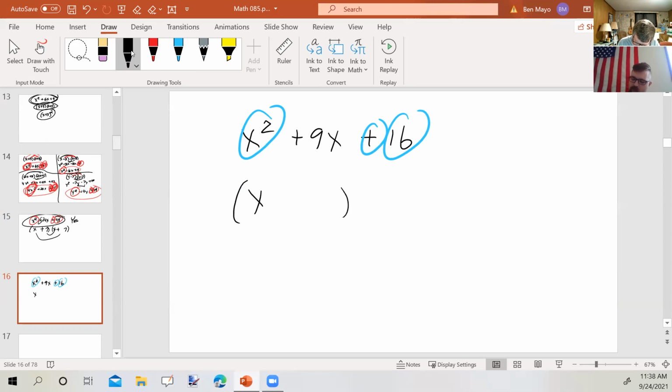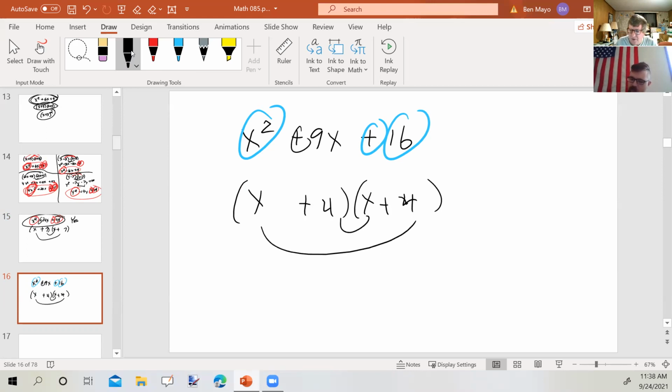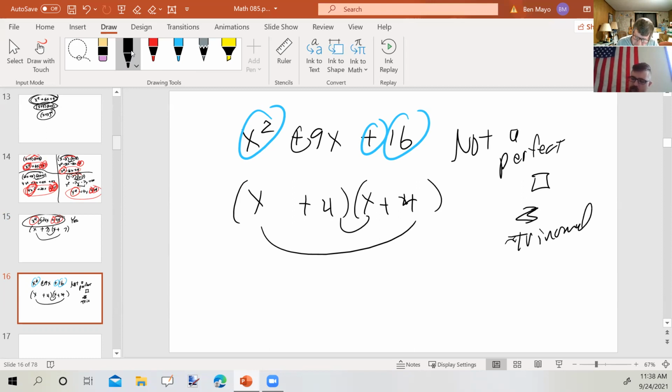It would have to be x, and what, 4 and 4, and plus and plus. Does that give me 9x in the middle? No, it gives me 8x. So this is not a perfect square trinomial. Now, it might still be factorable, but it's not a perfect square.